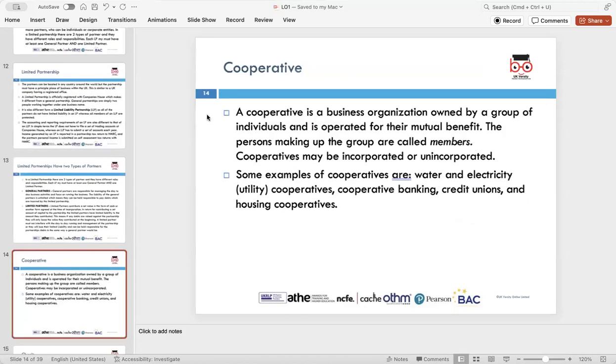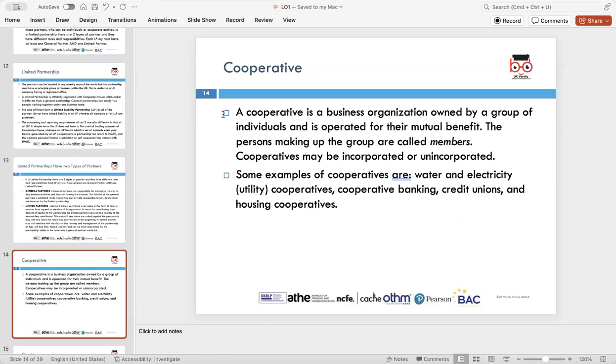Cooperative. A cooperative is a business organization that refers to a commercial organization that is owned by a group of individuals and is managed with the purpose of providing mutual benefits to those individuals. The individuals that are a part of the group are referred to as members.